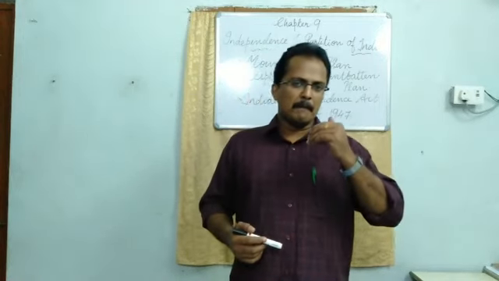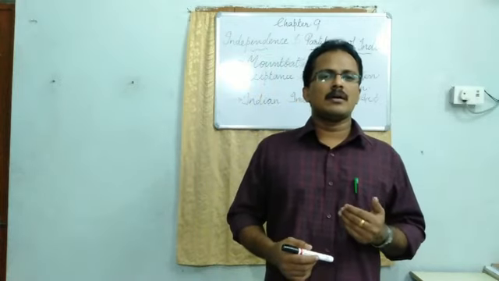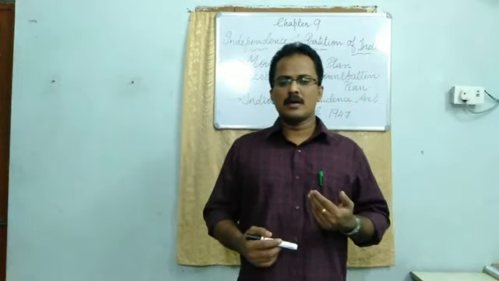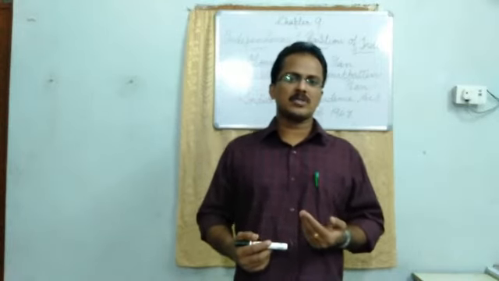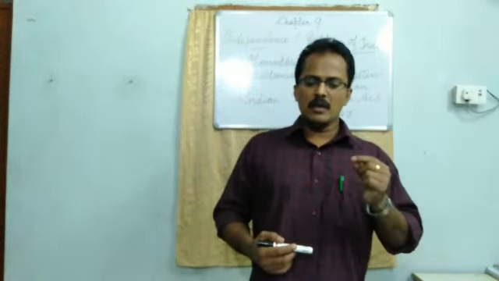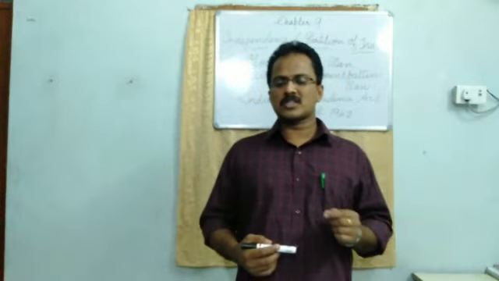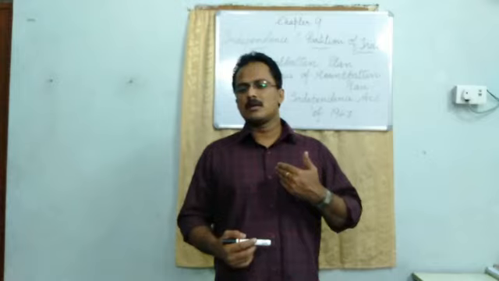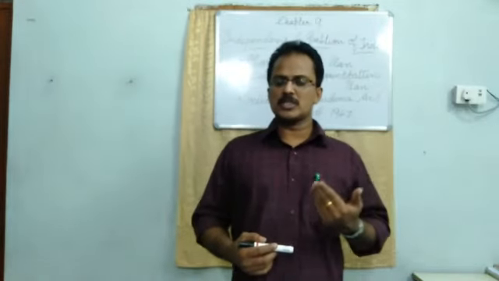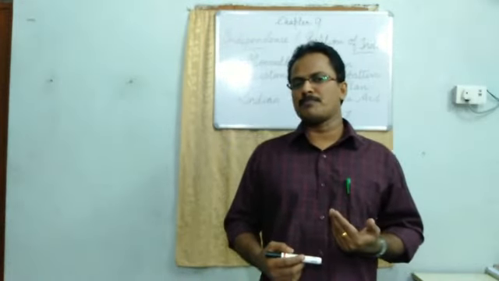The main provisions of the Mountbatten Plan and the clauses of Indian Independence Act, and why Mountbatten Plan was accepted by Congress. These were the 3 possible questions you can expect from this chapter.